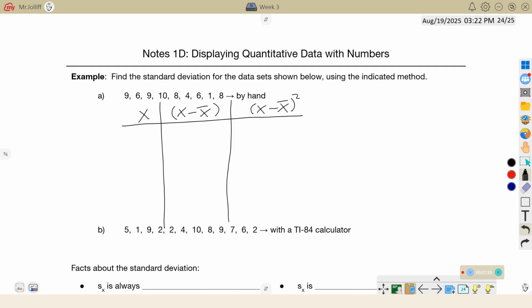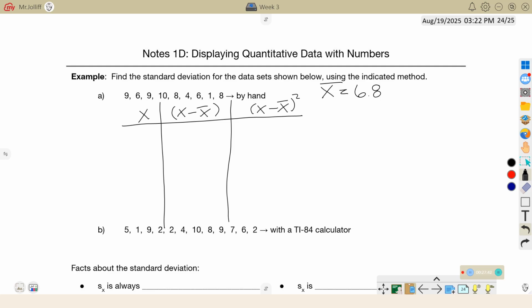At some point, I need the mean in order to do those calculations. We calculated that yesterday. For data set A, what was our mean? I think it was 6.8. Perfect. Thank you. So in my middle column, I'm going to subtract 6.8 from every data value.